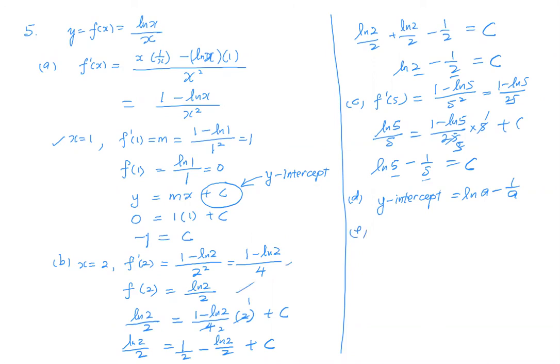Just put x equals a. Then ln a over a is equal to 1 minus ln a over a squared times a plus c. So you can get your c equals ln a minus 1 over a. That's it. Done.